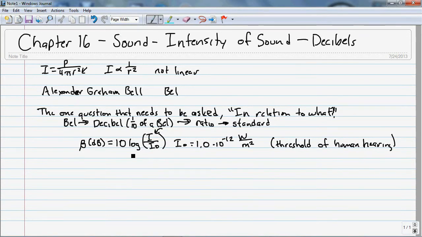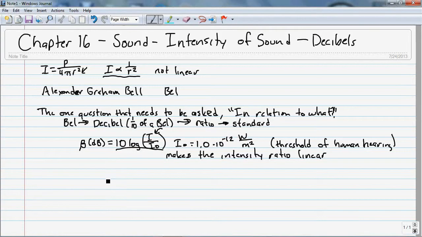Now, why do we use the log function? Well, remember, our intensity is not linear, but the log function makes the intensity ratio linear.